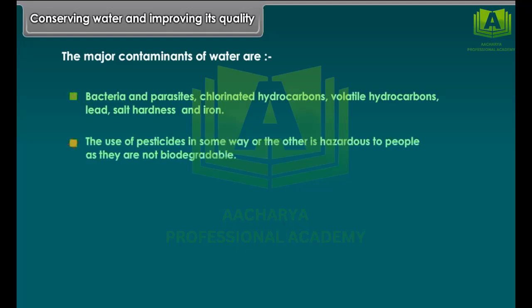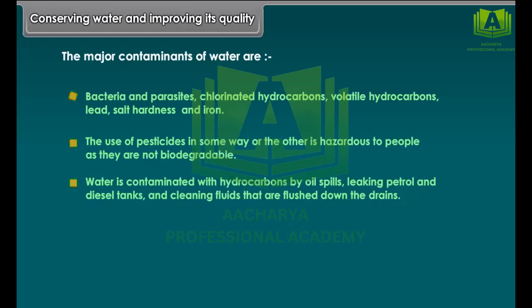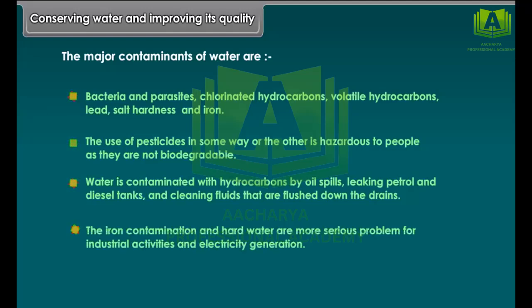The use of pesticides in some way or the other is hazardous to people as they are not biodegradable. Water is contaminated with hydrocarbons by oil spills, leaking petrol and diesel tanks, and cleaning fluids that are flushed down the drains. Iron contamination and hard water are more serious problems for industrial activities and electricity generation.